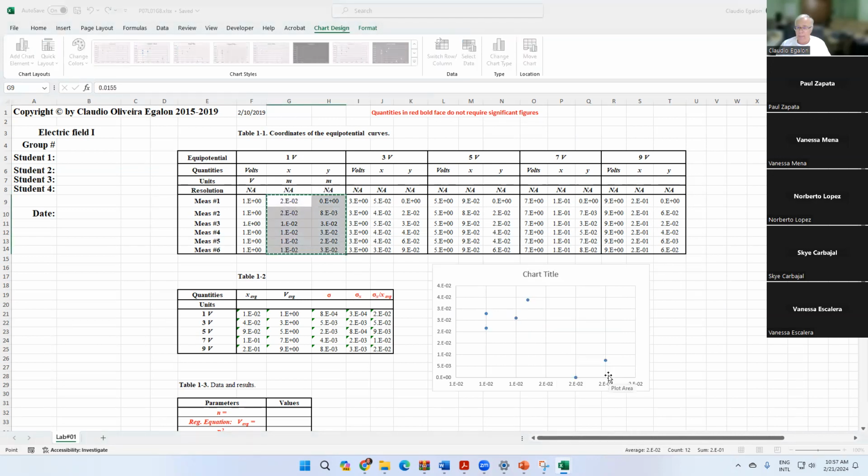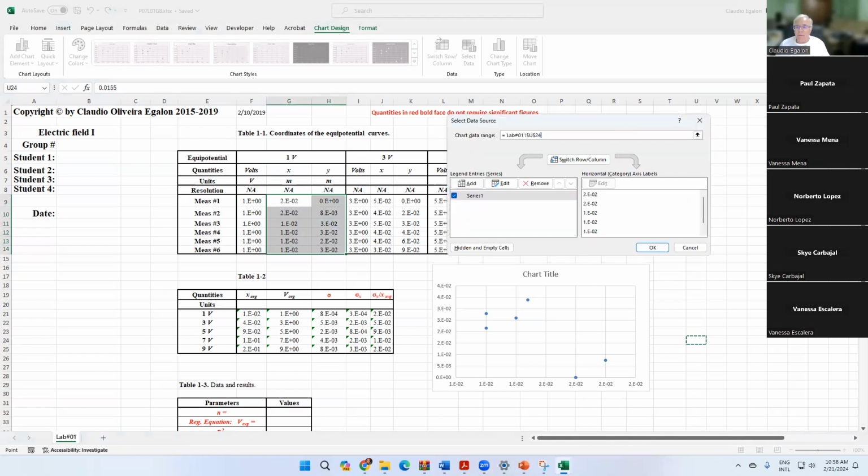Okay? Select data. What happened here? The window didn't show up. Something happened. Let's try it again. Click one of the data points. Oh, that's because the window is on the wrong side. Okay, here you go. You should see this window here.